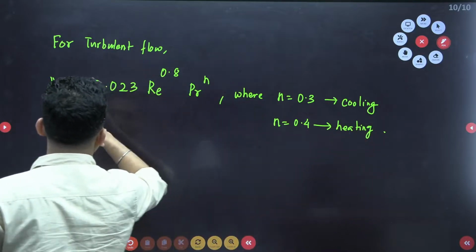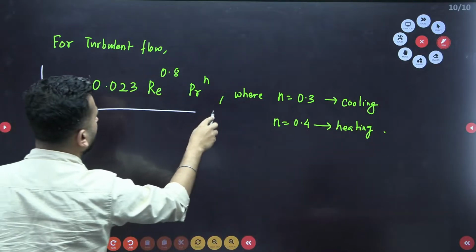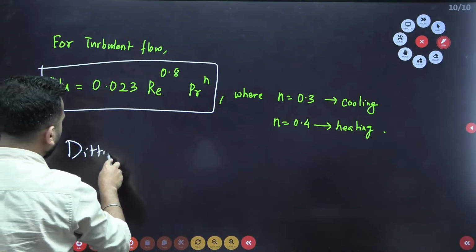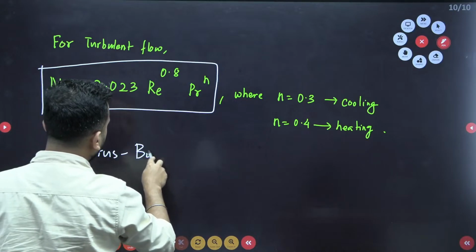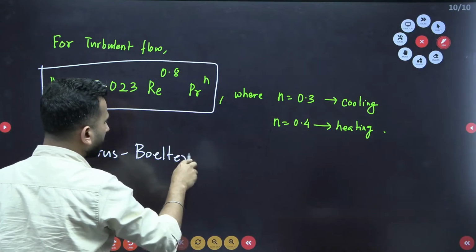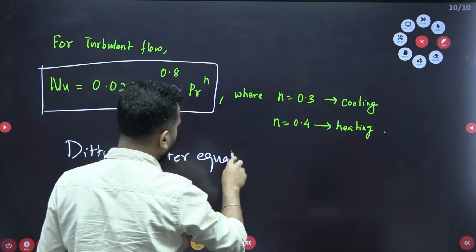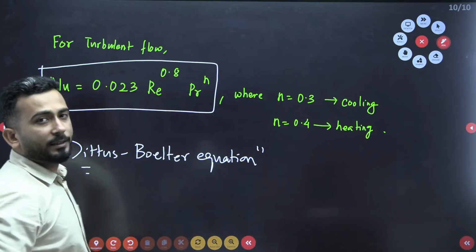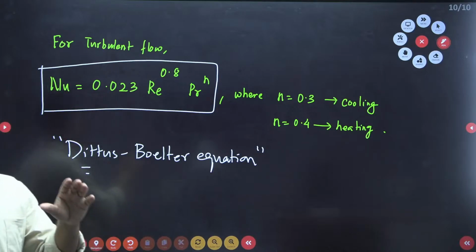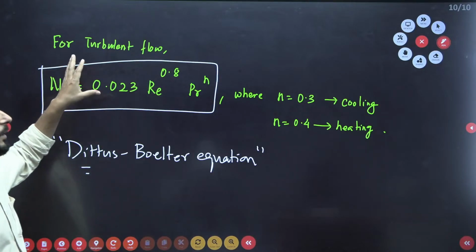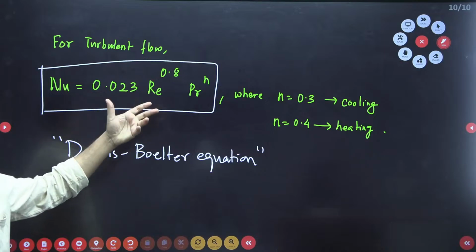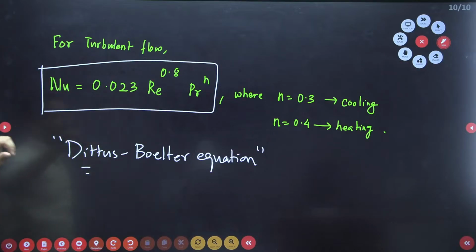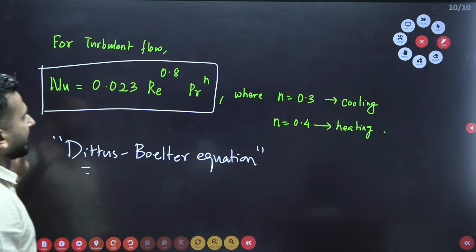And this equation is known as the Dittus-Boelter equation. Now, what is the Dittus-Boelter equation? It is for the turbulent flow in pipes.